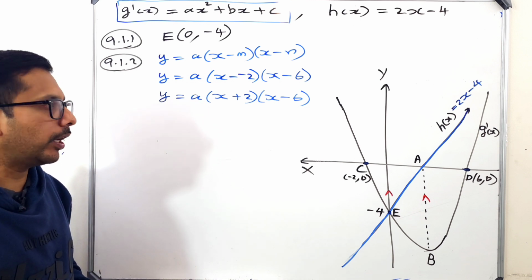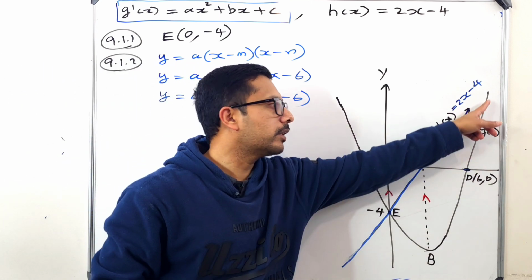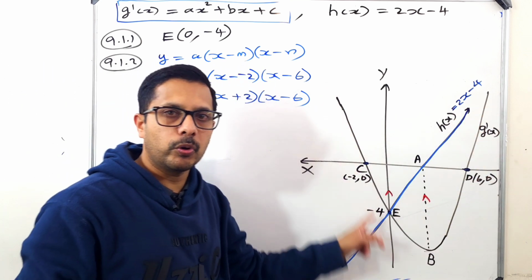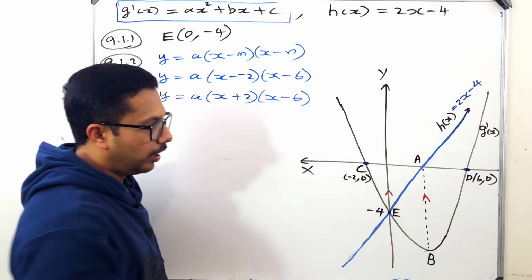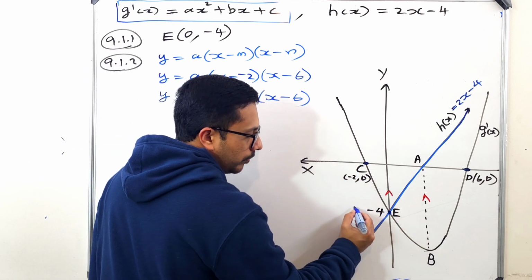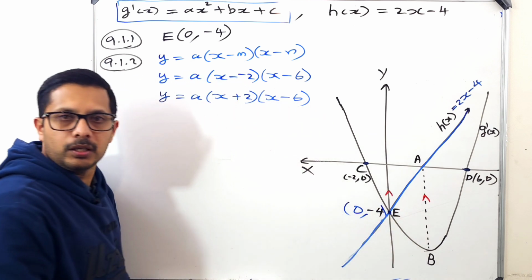So, how can you find the value of a? For that I have to substitute another point on this parabola. Which other point do you know? Yeah, we already know at this point, that is the y-intercept. So, the coordinate is 0, -4.